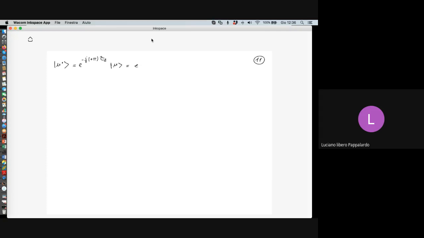We can write this as e to the minus i pi divided by 2 tau 2 acting on u. Now you can decompose this using the Euler formula as cosine of pi half times the identity minus i tau 2 sine of pi half, acting on the up quark, the unrotated up quark isospin state.